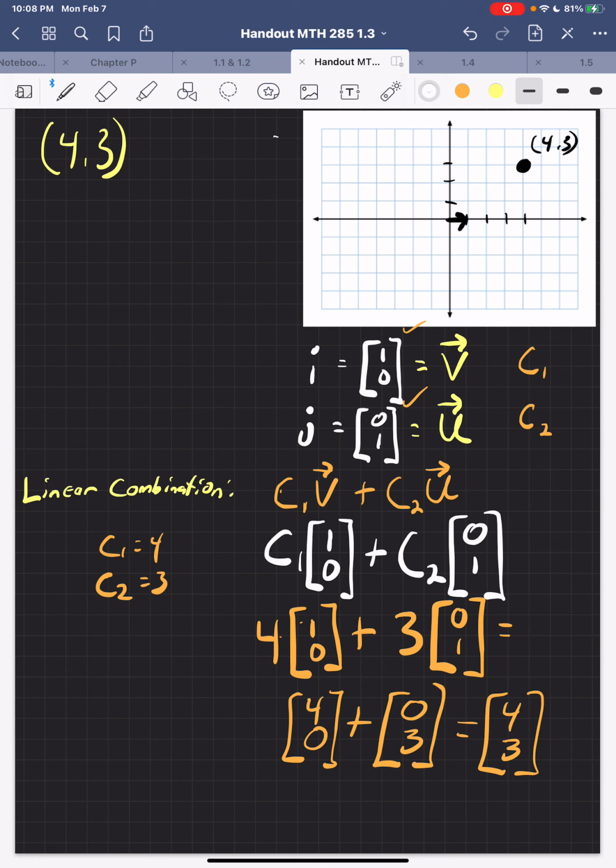But the main takeaway from this tutorial is I want you to understand the idea of span. Very important, span.